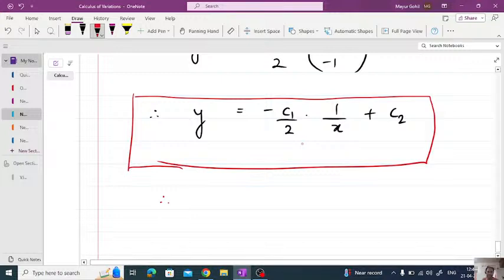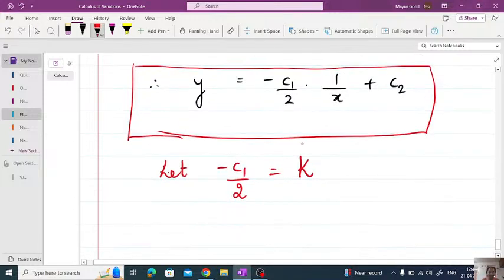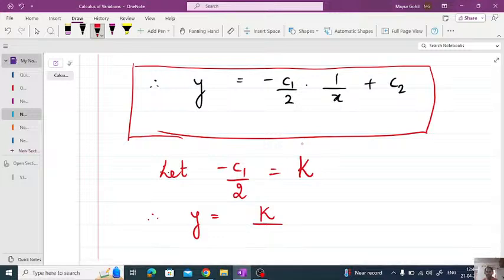So you can say let minus of c1 upon 2 equal to capital K. If I say it as capital K, then my answer becomes therefore y is equal to capital K upon x plus C2, because it's a constant. So I'm just replacing the constant by another constant. This is the final answer.